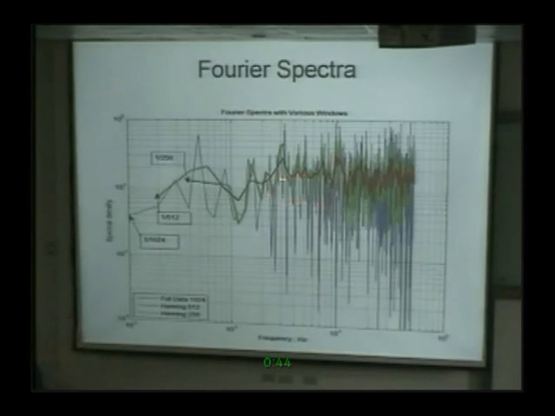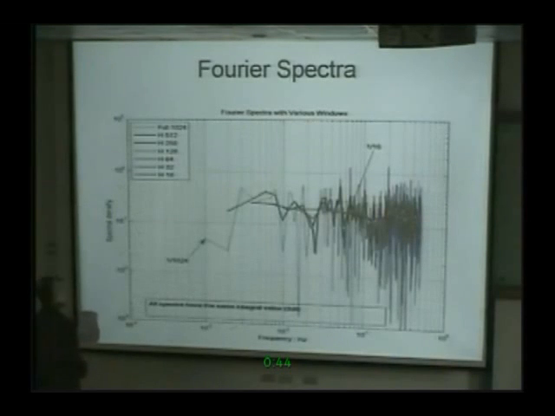And this is the nice part of it. By choosing different windows, the resolution will change. For example, this line is much smoother than that line, and even smoother than this line. And this line is rugged because I have more resolution. Now, we look at the Fourier spectrum with all kinds of different windows.